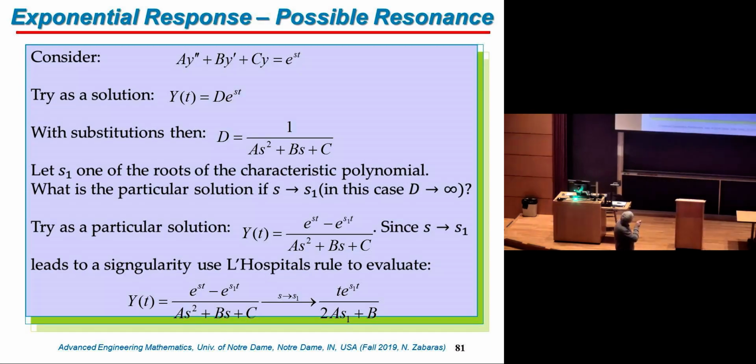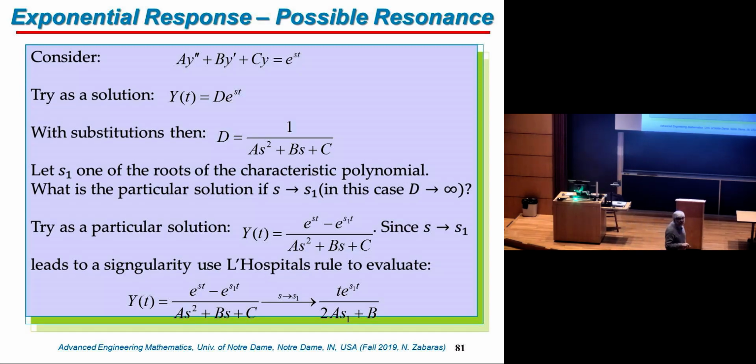Again, I took a coefficient e to the st for s being some constant. This is what we said before, that's the general particular solution. So d is given by that. But if that s happens to be one of the solutions of the characteristic polynomial, then d becomes infinity, and we're in trouble. E to the st is not a solution.